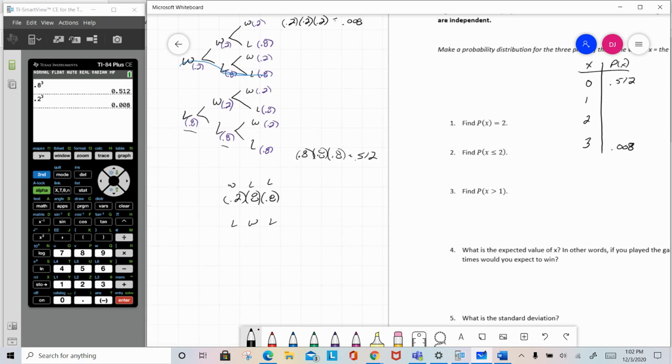And couldn't I also, therefore, lose, lose, win? So that's going to be 0.8 for the loss, 0.2 for the win, 0.8 for the loss, 0.8 for each of the 2 losses times 0.2 for the win. So notice that 0.2 times 0.8 times 0.8 is 0.128. Each one of these is 0.128.